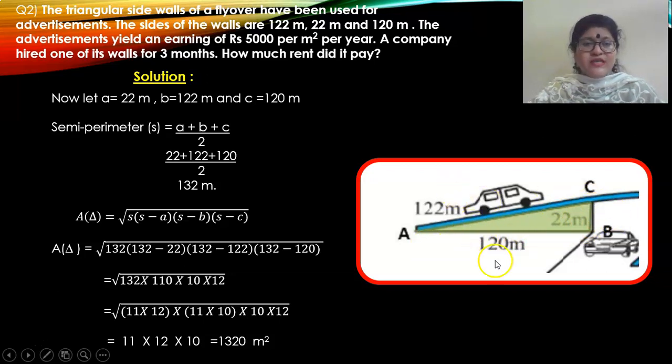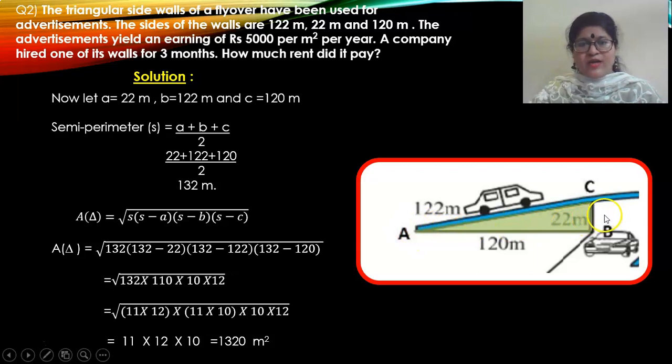These are the three values given. 120 meter is from A to B. From B to C it is 22 meter, and this distance from A to C is 122 meter. So write down what is small a, small b, and small c. I've mentioned this before. The side opposite to capital A will be small a.